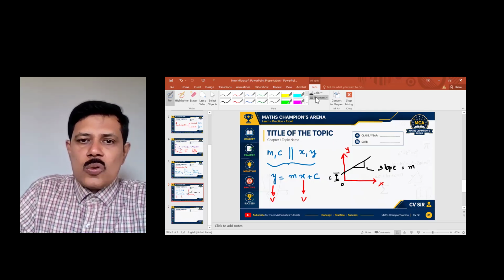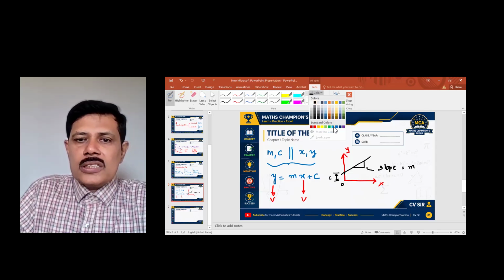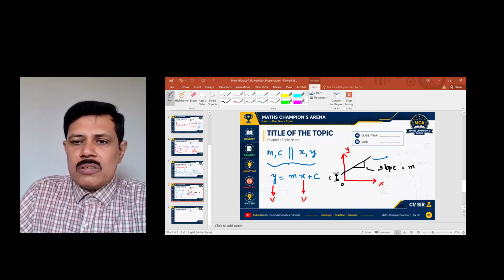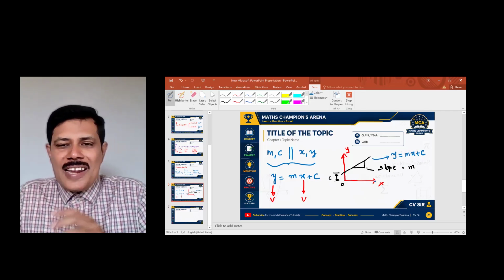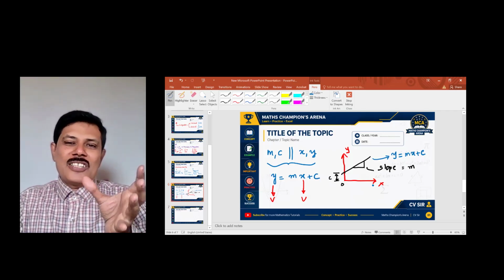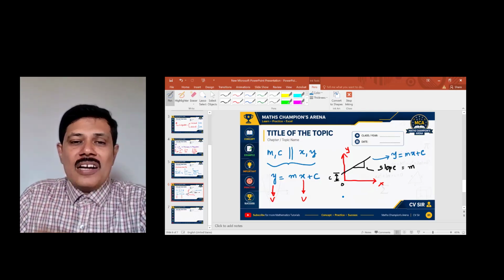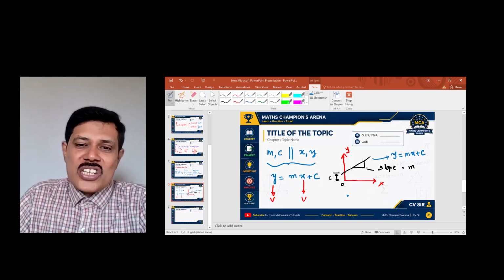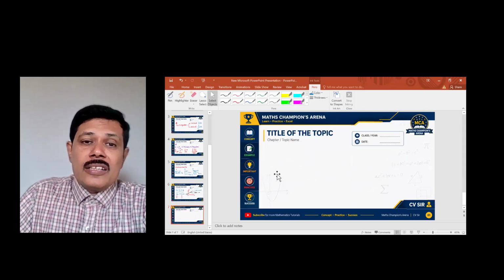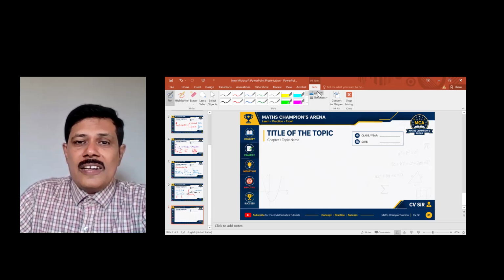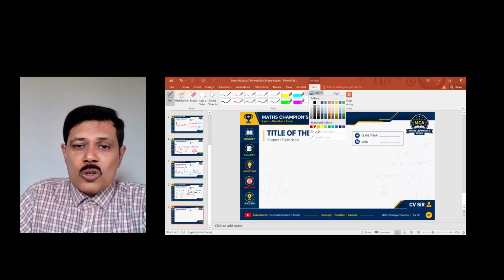The equation of the straight line is given as y equal to mx plus c. Wow! Now we have represented the coordinate axis, and in that we have represented one equation as a straight line. But wait, in the equations area, we will learn more.